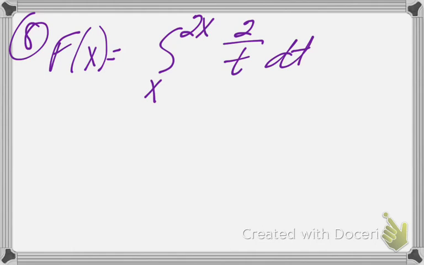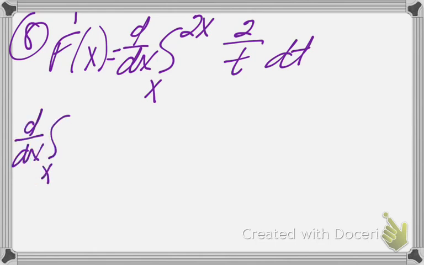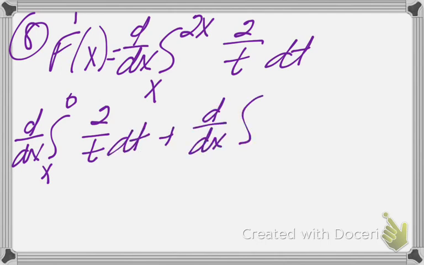And finally, this is the last one, number 8, and we'll take the derivative of both sides, and again, we're going to have to break it up into two integrals. So we're going to go from x to 0. Then we're going to go from 0 to 2x.